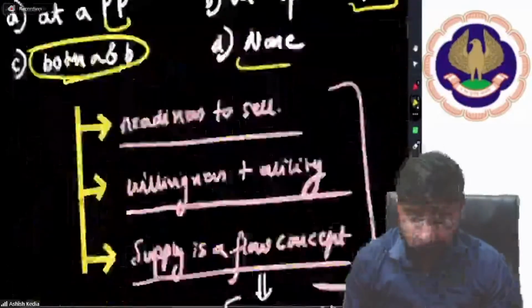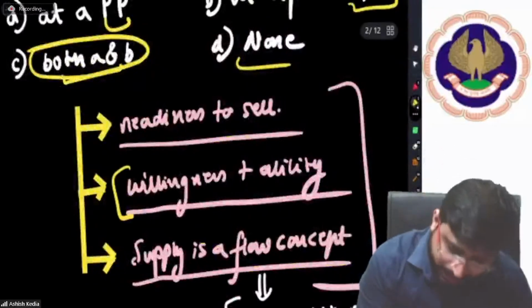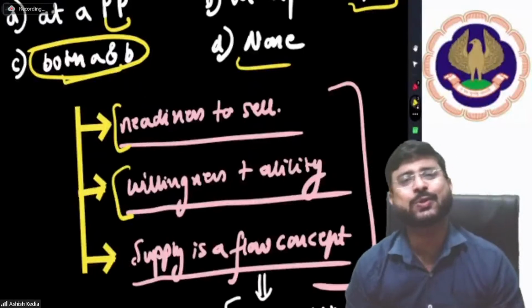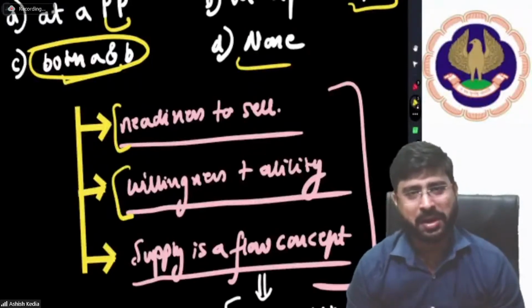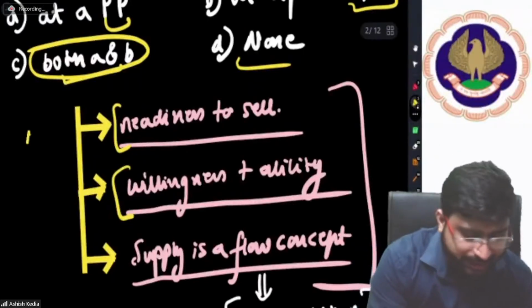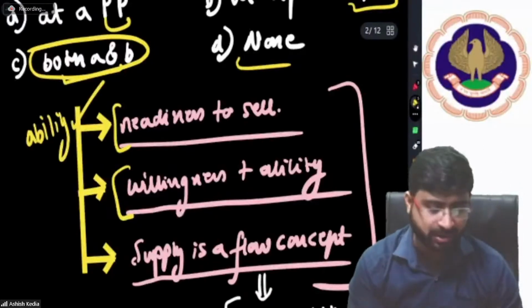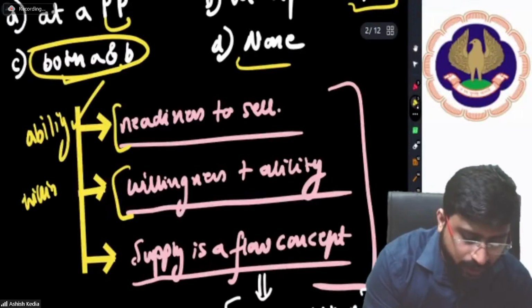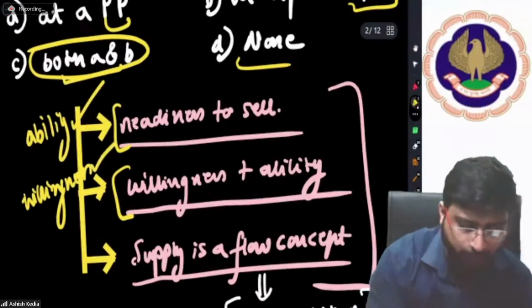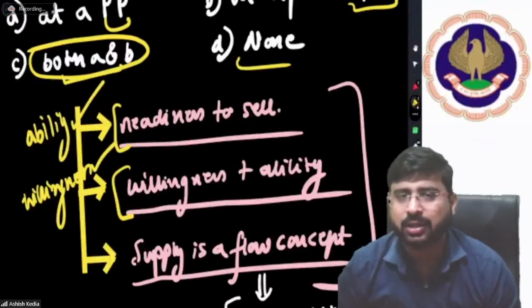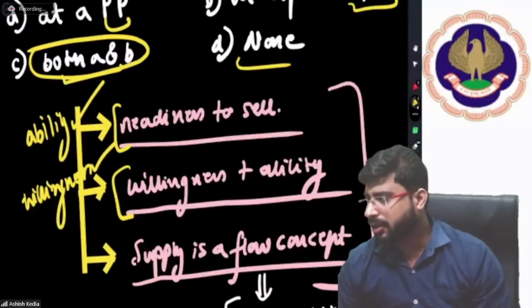Supply is also two things: willingness to sell and readiness to sell. You must be able to sell at that particular price, and there must also be willingness to sell at that particular price. Both of them together comprise supply.